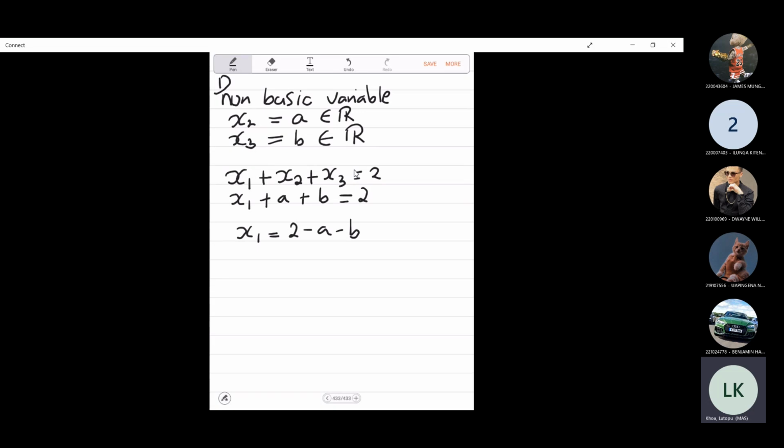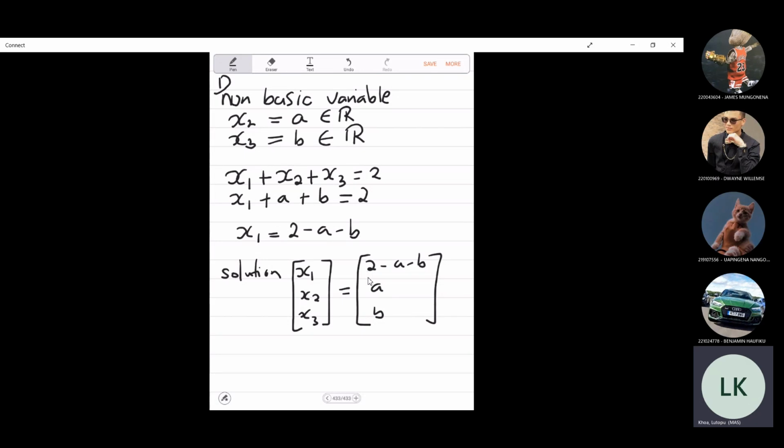And then our solution here, x1, x2, x3, will be equal to 2 minus A minus B, and then A, and then B. So here our solution is not just a specific number like with the others that we have done so far, but our solution is in this form.